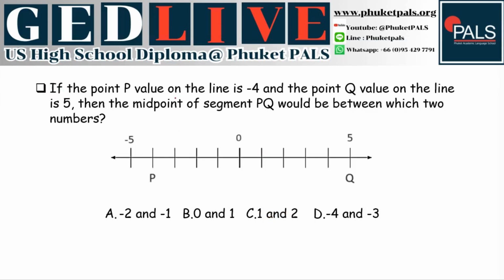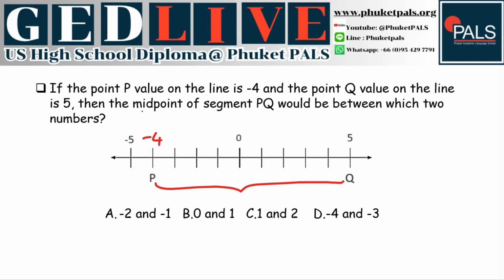If the point P on the line is minus 4 and the point Q on the line is 5, then the midpoint of the segment PQ would be between which two numbers? So P is equal to minus 4 and Q is equal to 5. So you can see the distance between P and Q here, right?